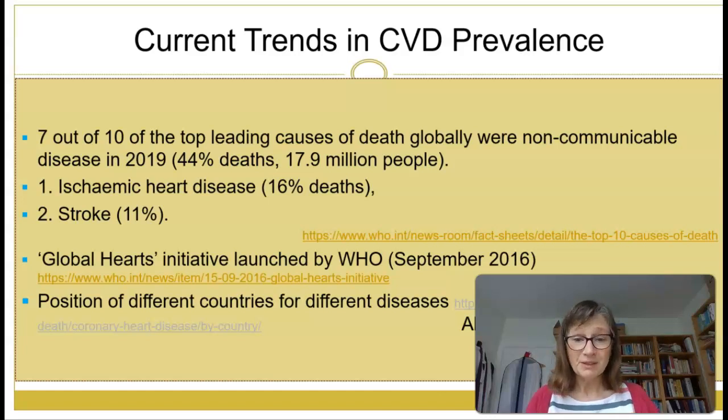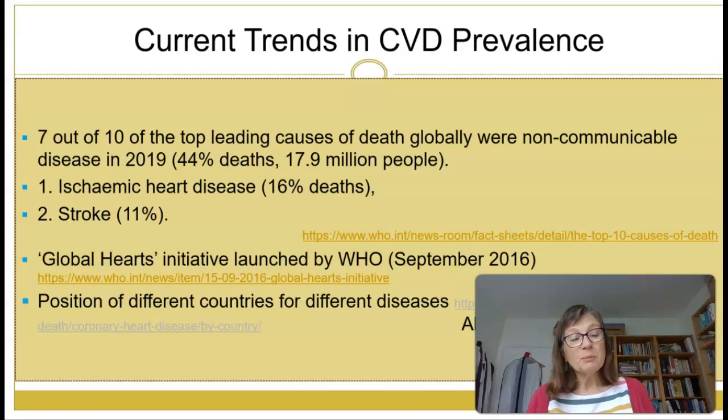We tend to think of cancer as a big killer, and it is, but actually it's less than these non-communicable diseases. Ischemic heart disease is the top one, so that's the coronary arteries affected, and stroke is the second one.